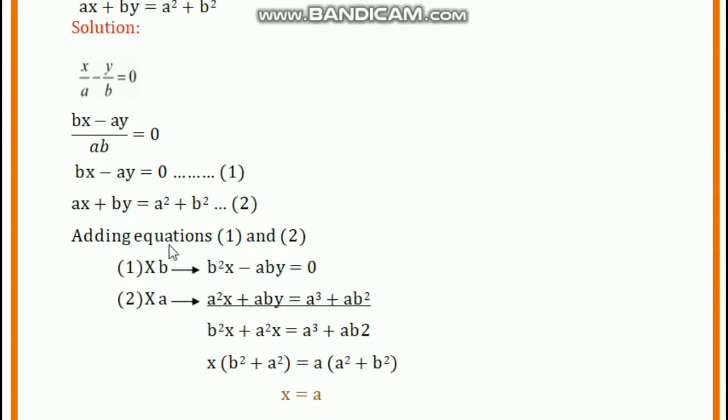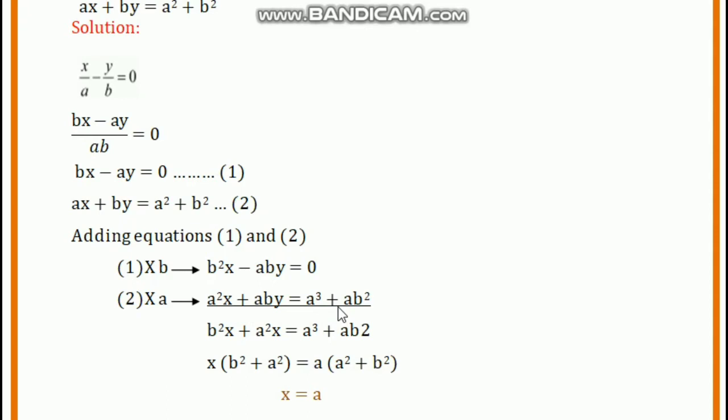So b into b, b square x minus aby equal to 0. 0 multiplied by anything is 0. And the second equation is ax plus by. If you multiply by a, we get a square x plus aby equal to a cube plus ab square.